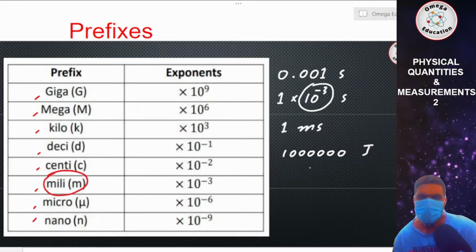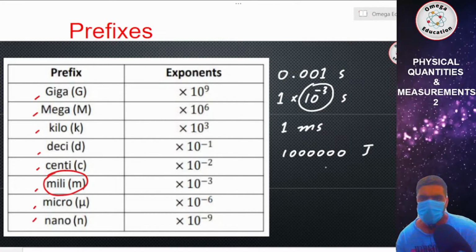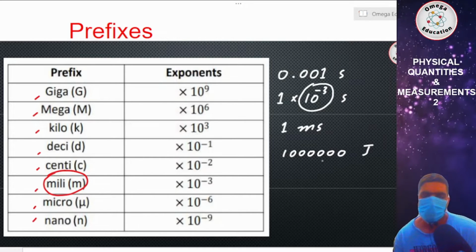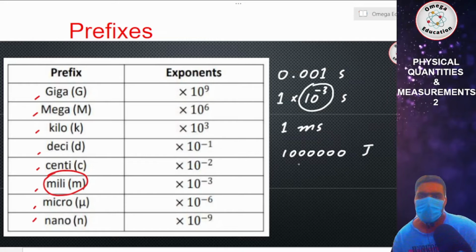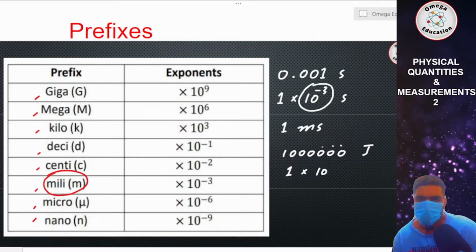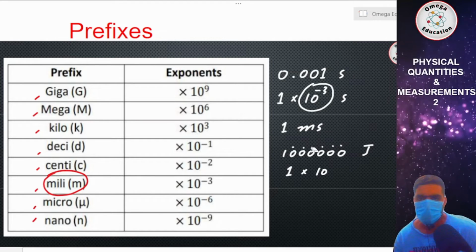Now I want to get rid of these excessive zeros. The obvious way is to convert this number into the standard form, and in the standard form it can be written as 1 into 10 to the power 6.